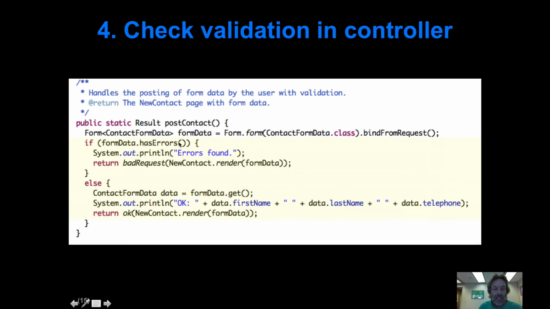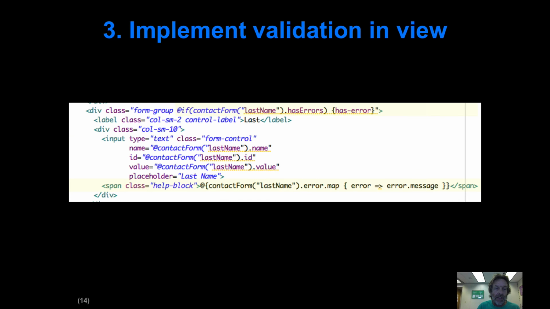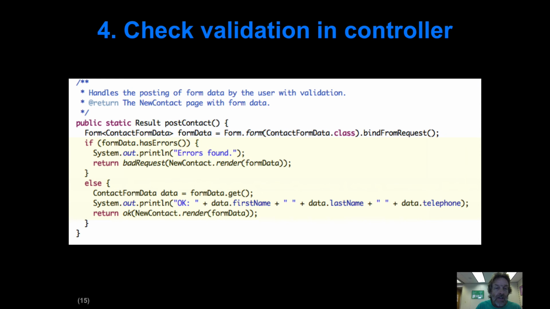We're just going to call has errors, and that somehow magically looks inside and invokes that validation method. So when we say has errors, it's going to invoke that validate method and figure out whether it returned null or not. If it didn't return null, then it's got this list of validation objects that say, okay, you have errors. And so we're going to execute this block.